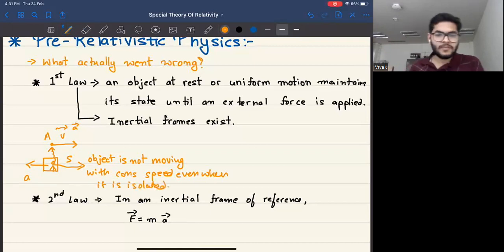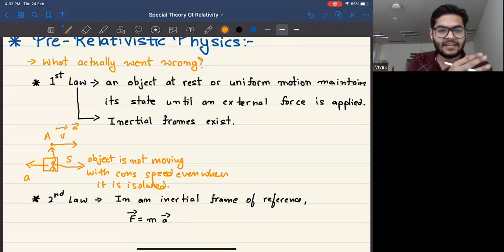So this person would come to us and say that Newton's first law is actually wrong, because I just saw a particle which was isolated from the rest of the universe, and that particle was accelerating with an acceleration a.